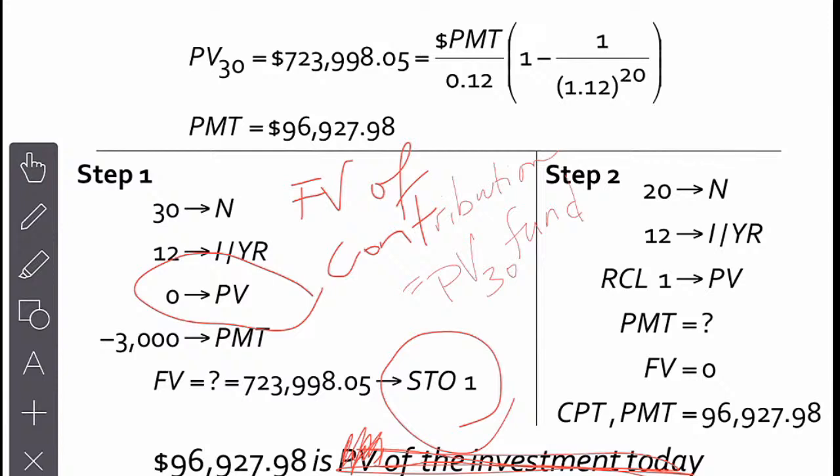So that becomes almost $724,000. Now I want to figure out how much can I withdraw. Do I just divide that by 20? No, I don't just divide this by 20. That's a fund, and that fund keeps earning interest. When I take out a bit, the remaining continues to earn interest. So it's not just a matter of dividing by 20.